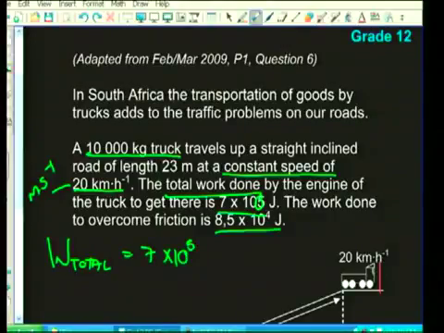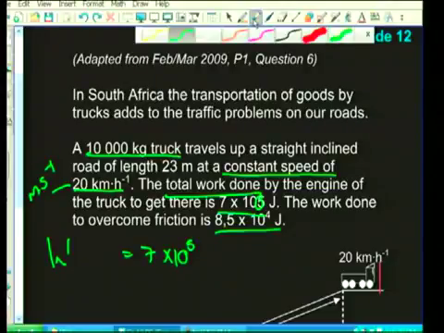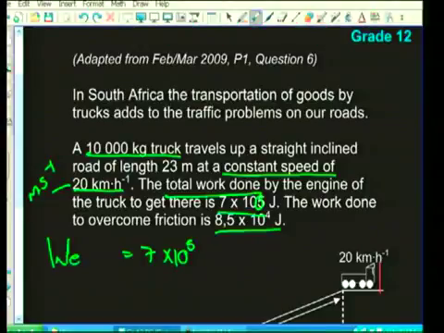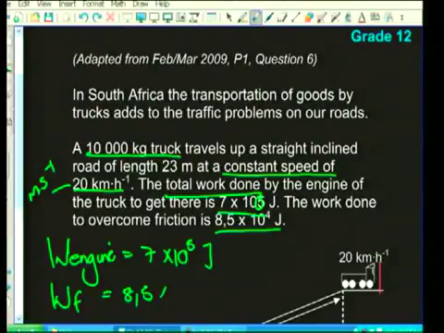That's work done by the engine. So let's actually call it that rather than total, because it's work done by the engine. So let's do work done by the engine is 7 times 10 to the 5 joules. Work by friction is 8.5 times 10 to the 4 joules. And it's work by friction, so it's going to be negative because we have to overcome friction.